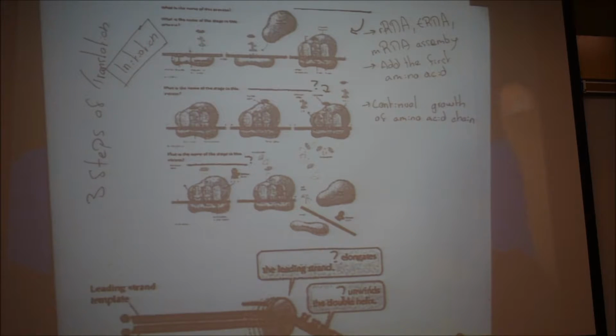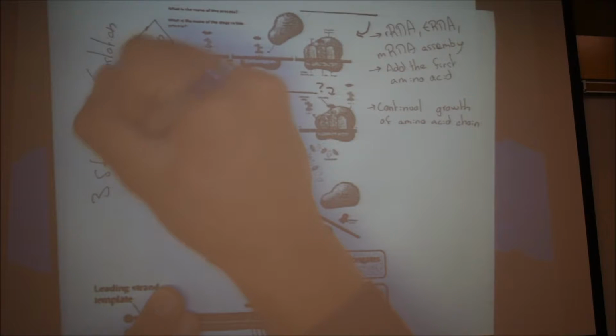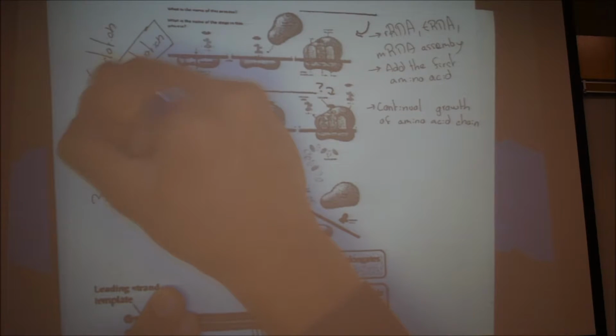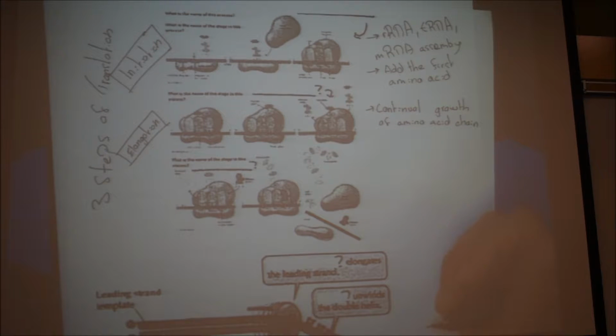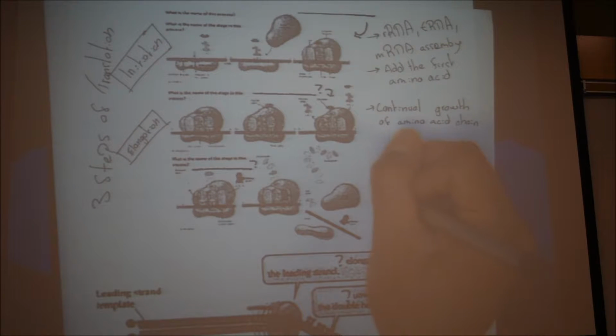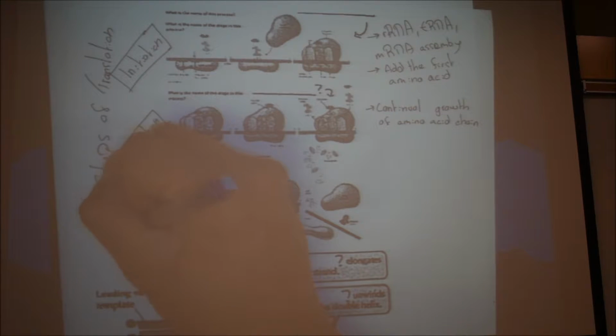All right, so what do we call this step where you're just continuing to add amino acids to build up that chain? We're going to call that elongation. Perfect. And in this final step, we get to the last amino acid, which is going to be called termination.